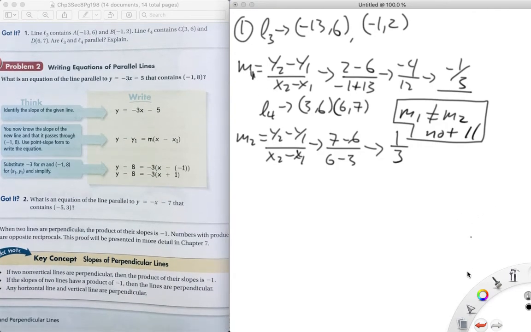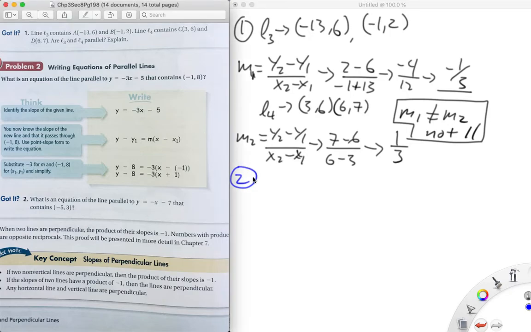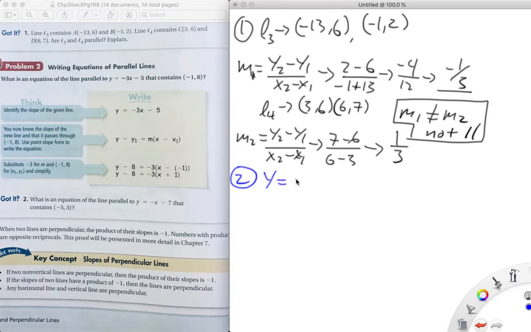Okay. Number 2, they ask you, what is the equation of a line parallel to y equals -x minus 7 such that it passes through point (-5, 3)?